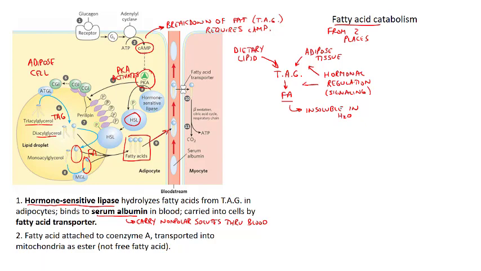So fatty acid does not just float through blood because it's insoluble. It has to bind to the serum albumin. So what happens then is when the fat is taken to a cell that is using the fatty acid as energy, the serum albumin binds to a fatty acid transporter, which brings the fatty acid into the cell.